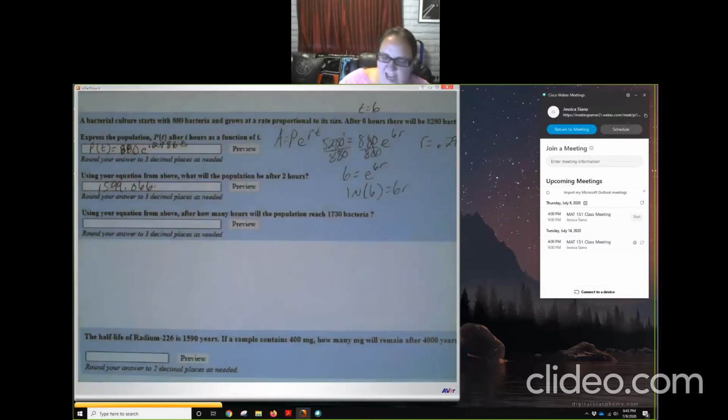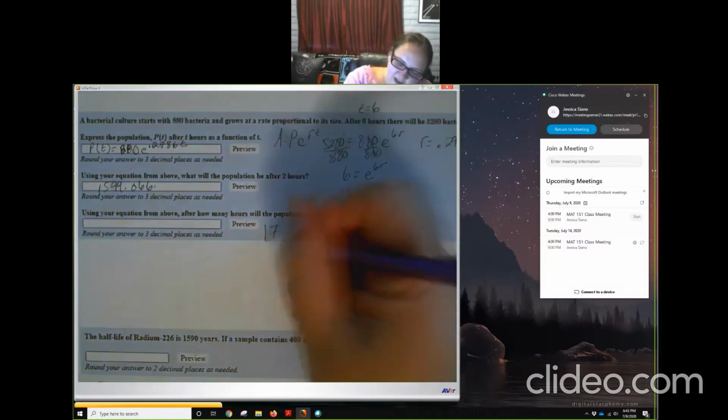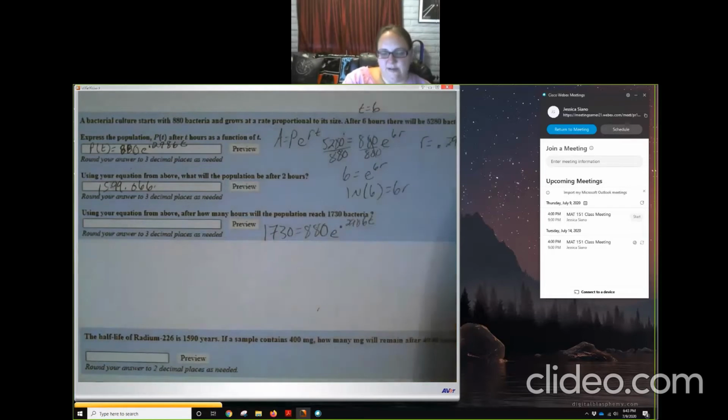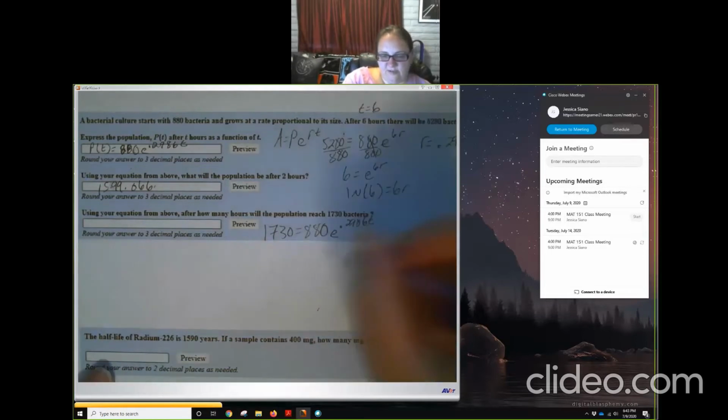After how many hours will the population reach 1,730 bacteria? 880 E to the 0.2986 T equals 1,730. We've done a bunch of these now, so divide both sides by 880.